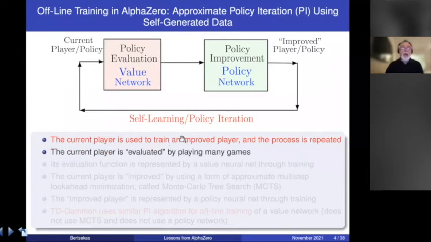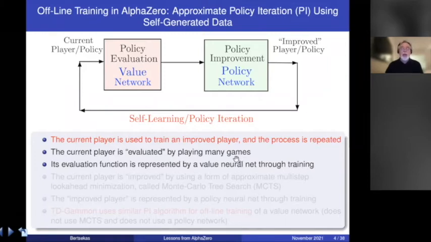So policy iteration has two parts every step: policy evaluation, policy improvement. These are done approximately with neural networks. So the current player is evaluated by playing many games, collecting data, and representing its evaluation by a neural network, which is trained with lots and lots of data.